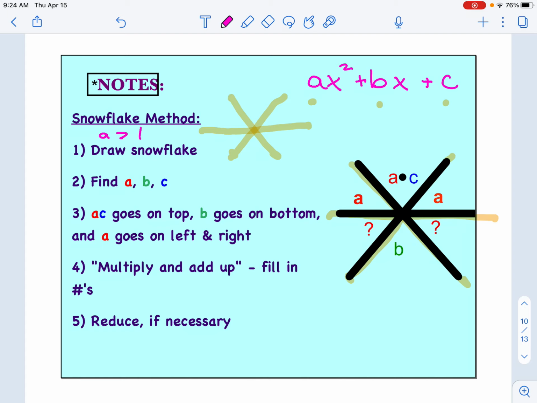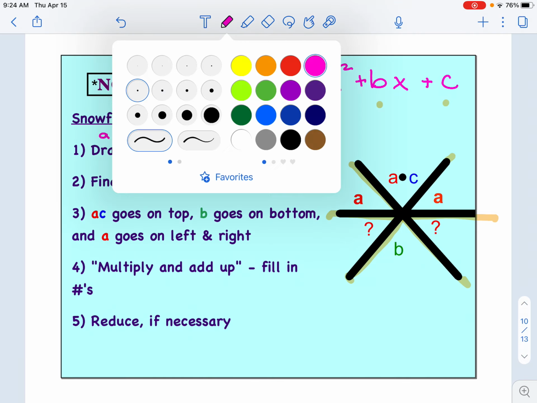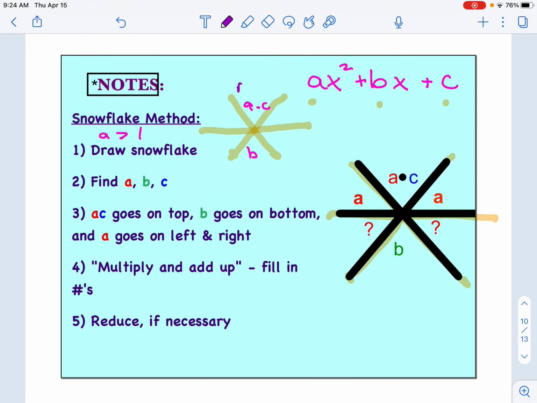So once you find A, B, and C, you write the product of A times C up here, and the B goes on the bottom. And then you find two numbers that multiply to A times C and then add up to B, and you put those numbers right here. And then what goes on the top of the lines are the A values.